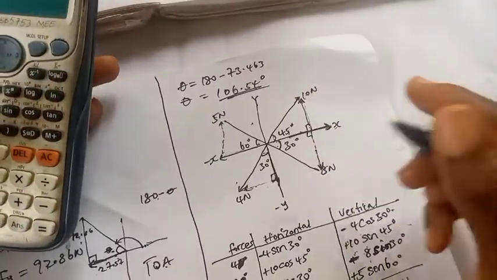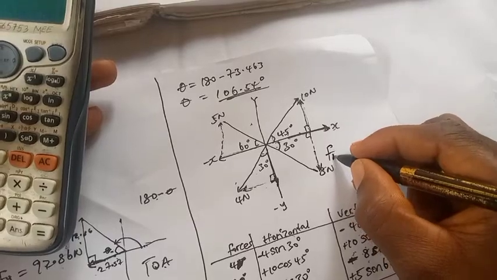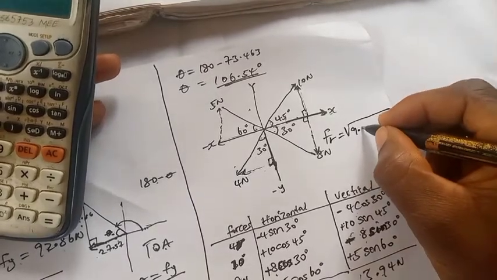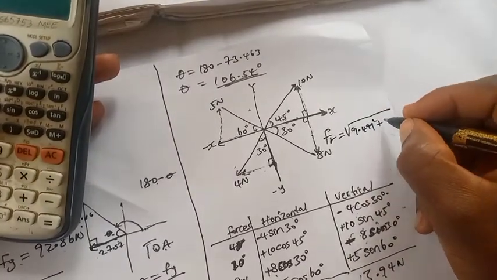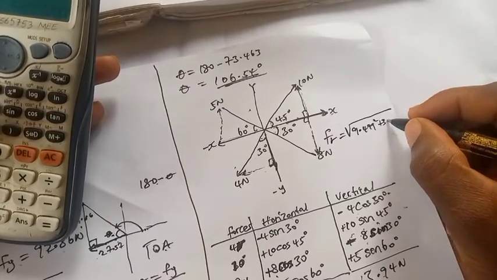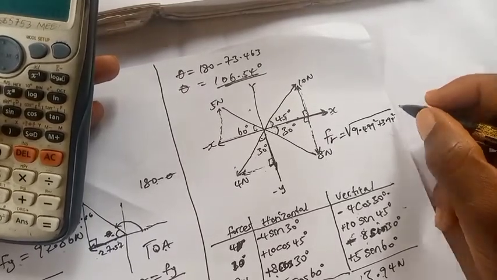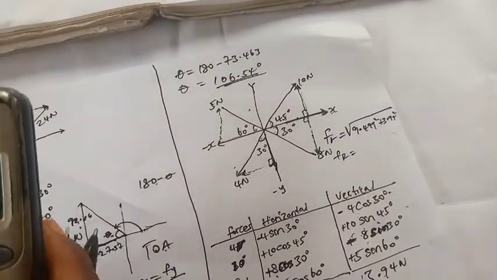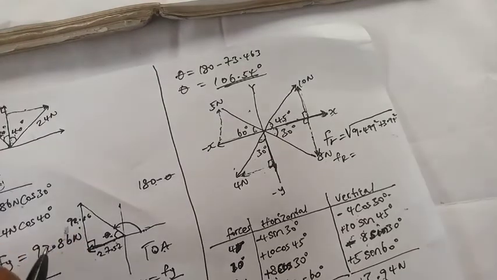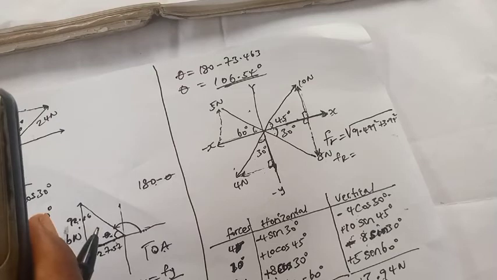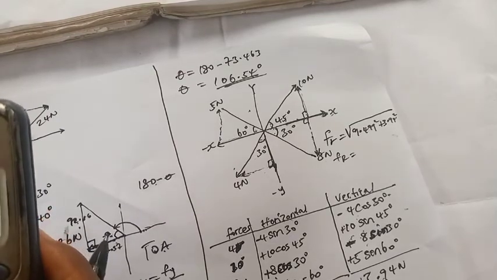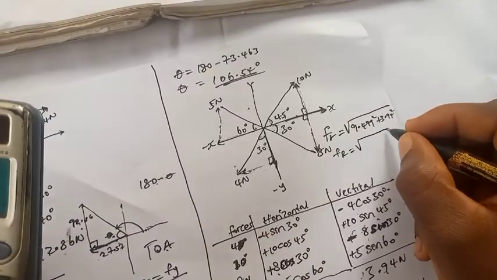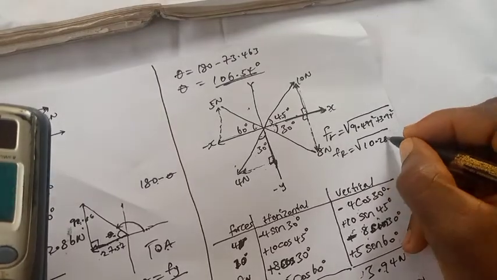So the resultant of the forces is equal to the square root of 9.499 squared plus 3.94 squared. So is equal to the square root of 10.28.